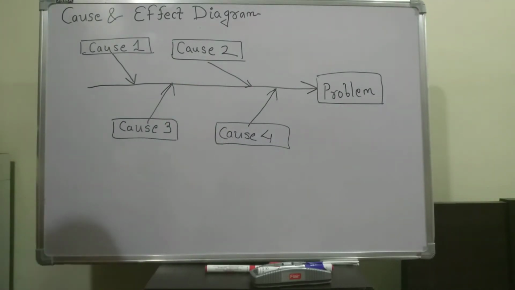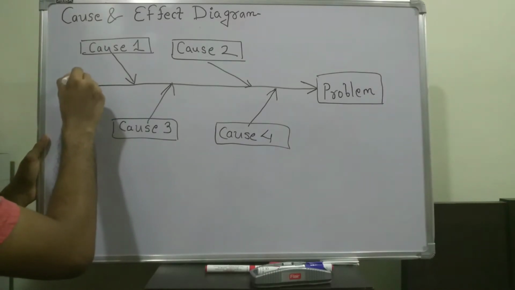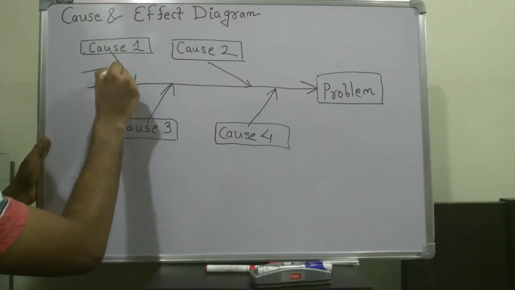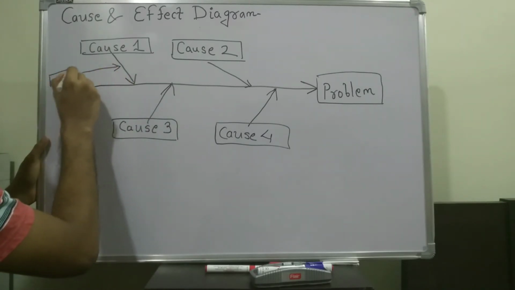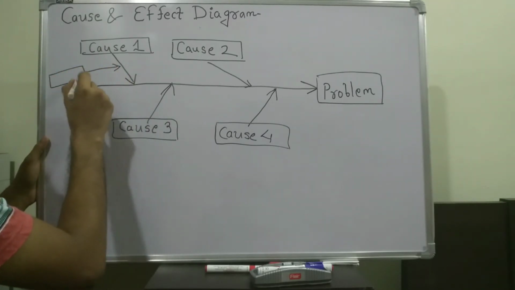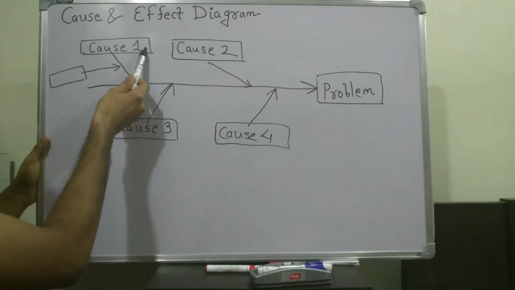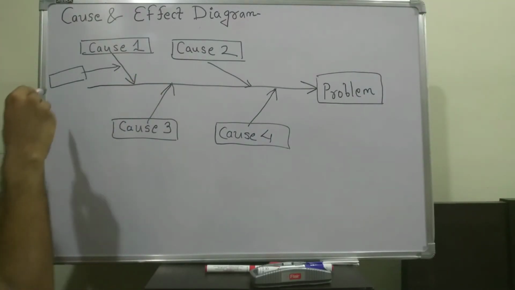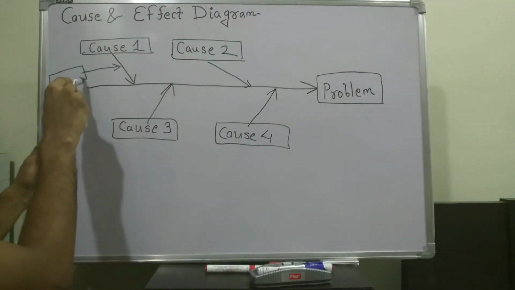And then how do we show the secondary causes? We draw them in this way. This one is going to be the primary cause, and the secondary causes are going to be noted in this way.